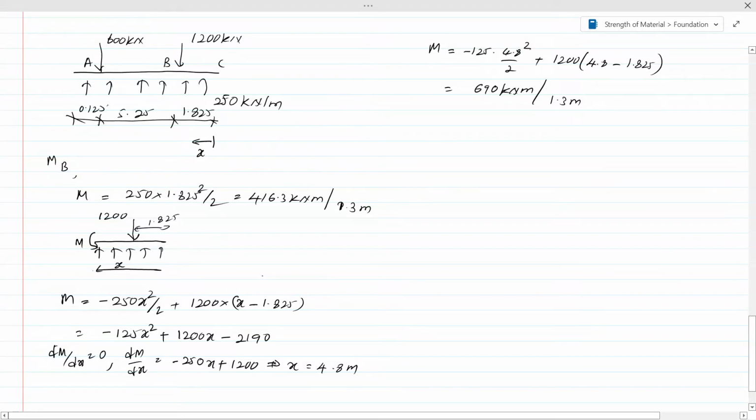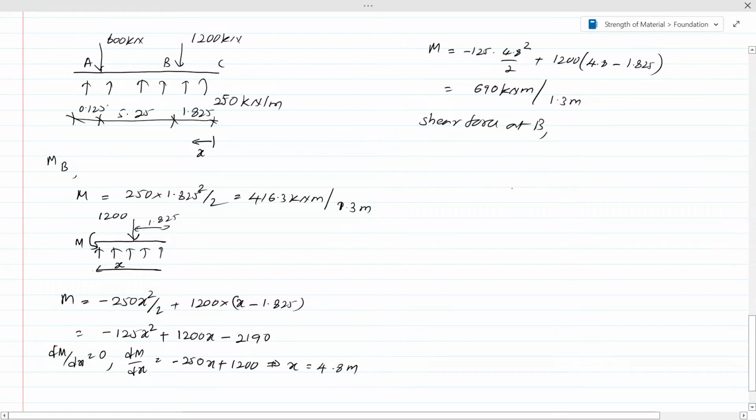Now the next step is to calculate the shear force at point B. From C to B, we know the method of calculating shear force. We have 250, then we multiply by the distance, then we get the shear force on that side.